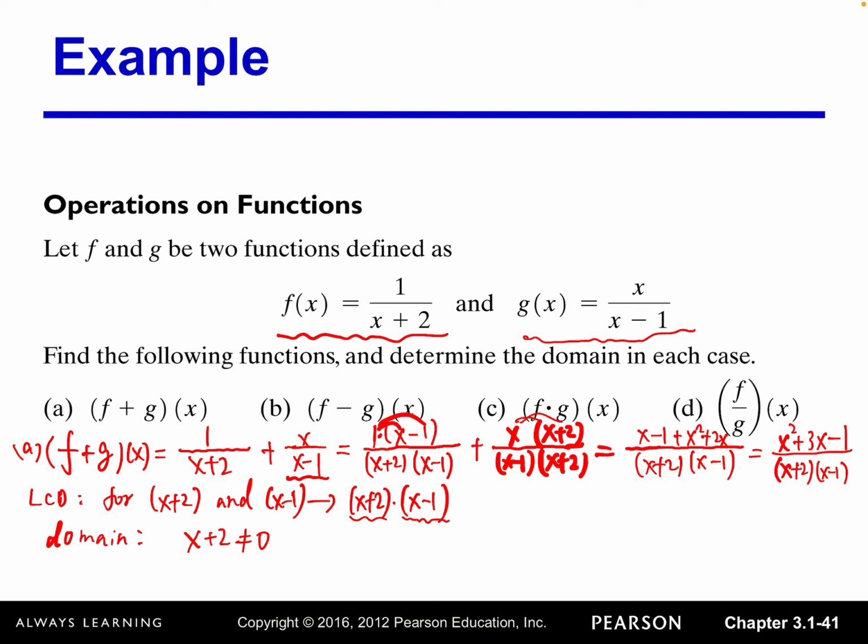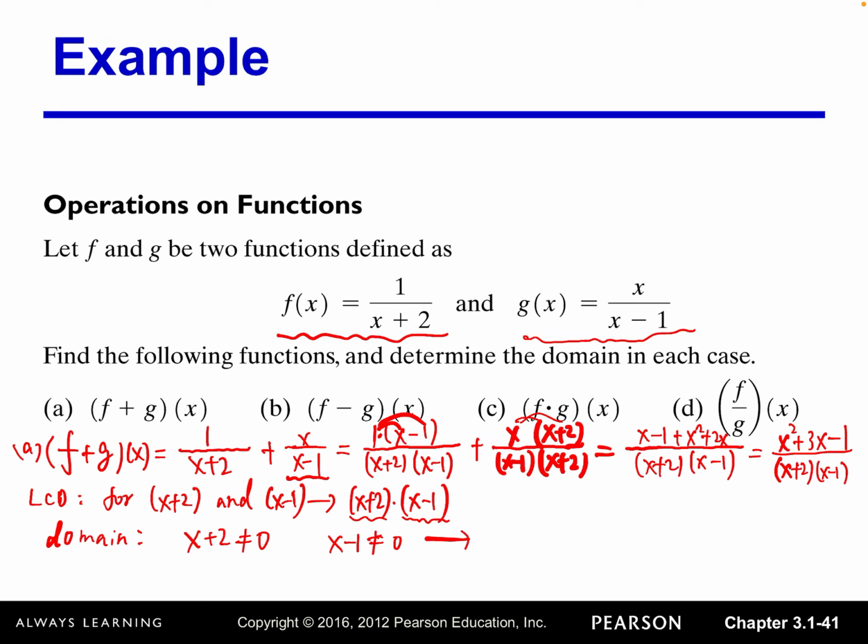And g of x also has a denominator, so the denominator cannot equal 0, so x minus 1 cannot be 0. This comes from function g of x. Since f plus g involves both functions, these two restrictions both need to be part of the domain of adding these two functions together.